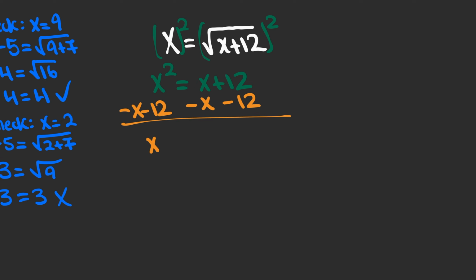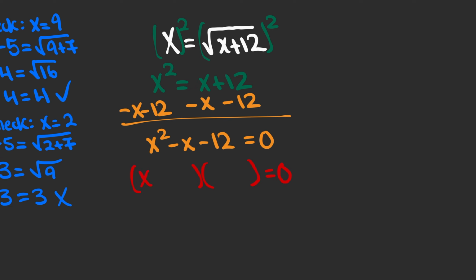This will leave me with x squared, there's no like term, minus x minus 12 is equal to 0. Then I will factor this quadratic. Looking at this, again, the idea is what? What two numbers multiply to give you negative 12, and when added together will give you negative 1.